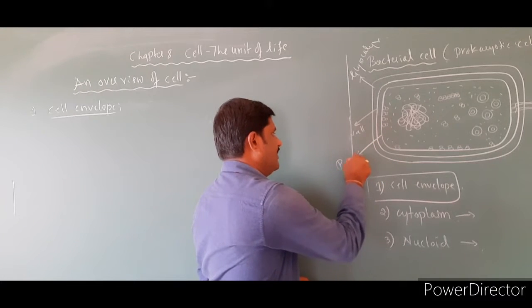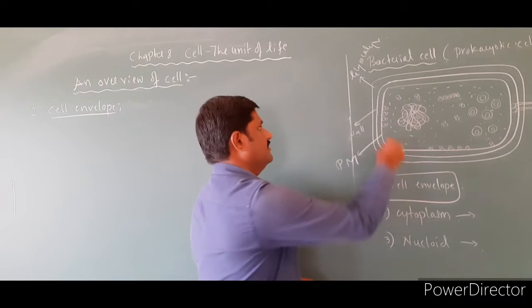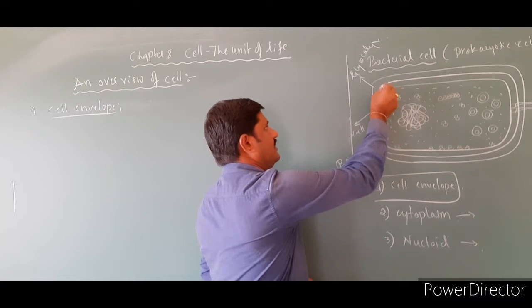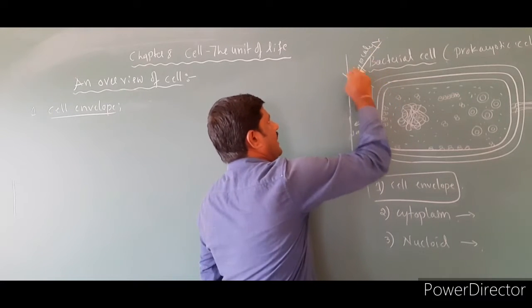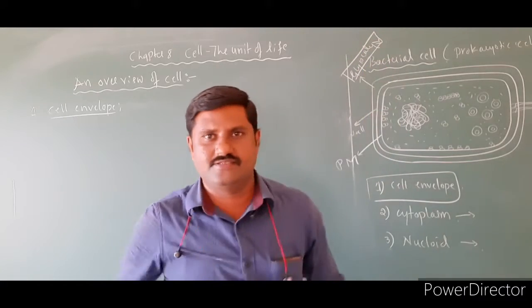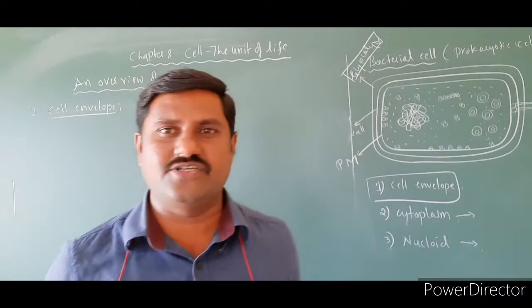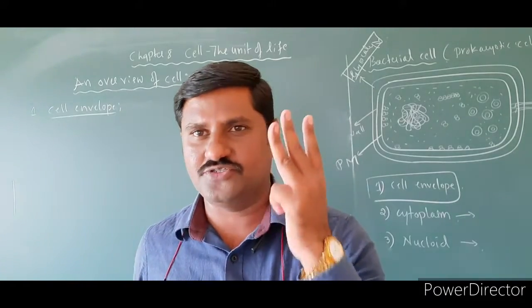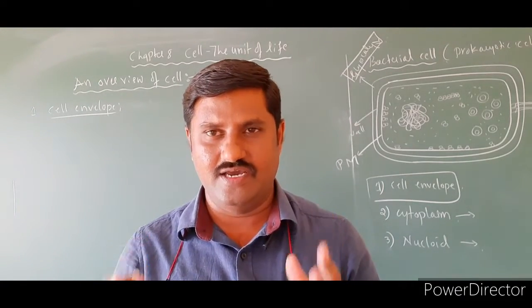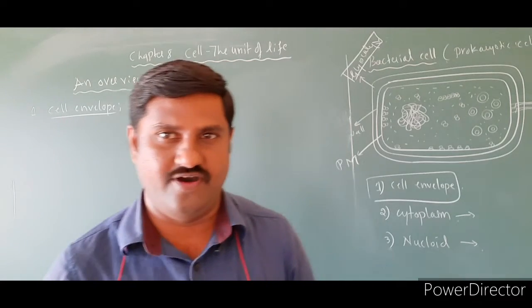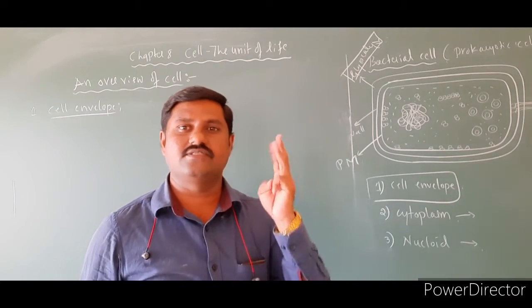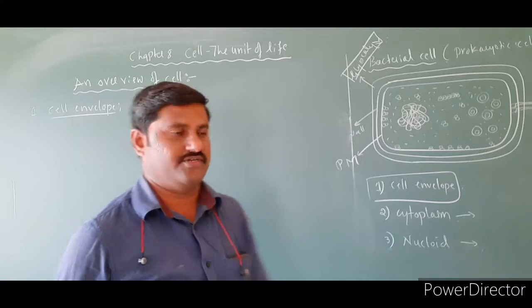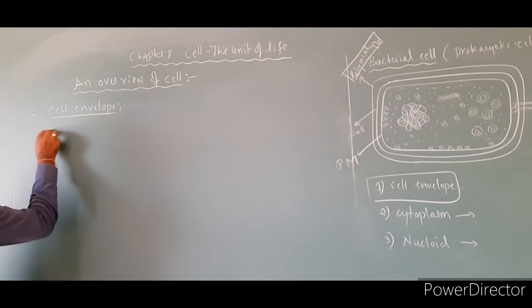Very important. So what it suggests is that the cell envelope is made up of a tightly bound three layered structure, right?